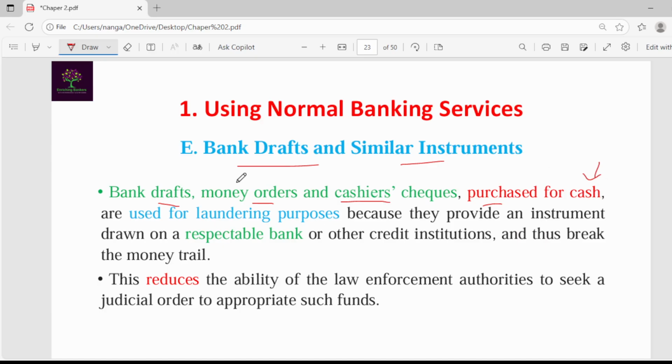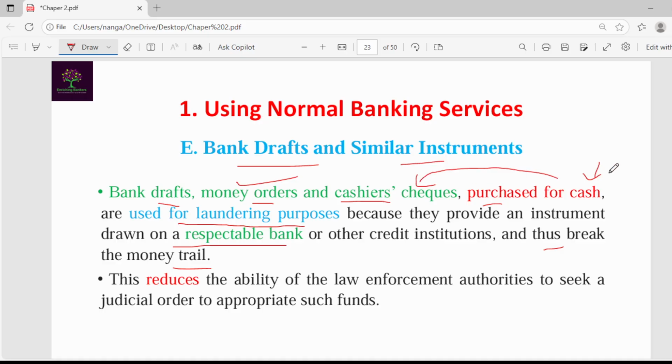These instruments are used for laundering, terrorism activities, or criminal activities, because they are drawn on a respectable bank or other credit institution, and thus break the money trail. They want to convert their illegal funds to legal instruments.